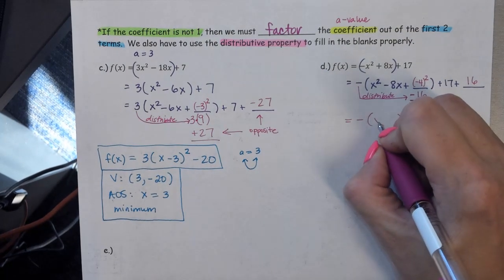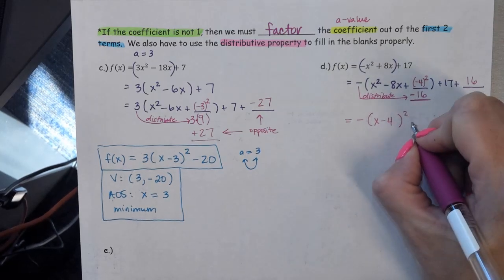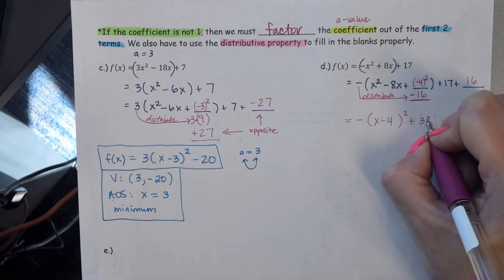All right, so then you have x minus 4 squared plus 33.